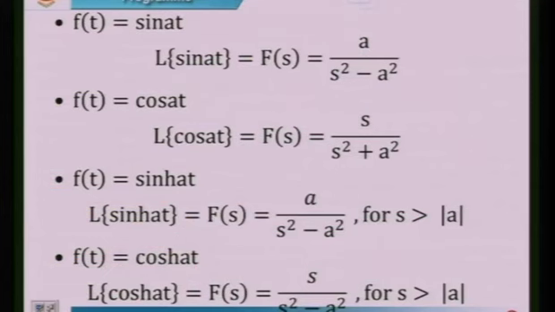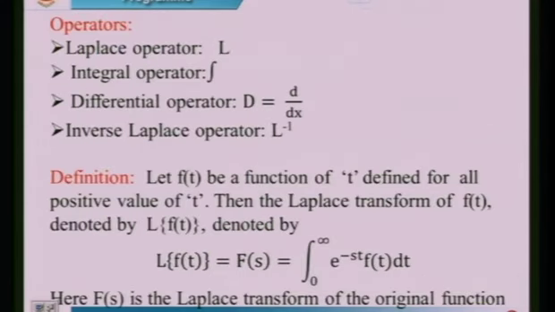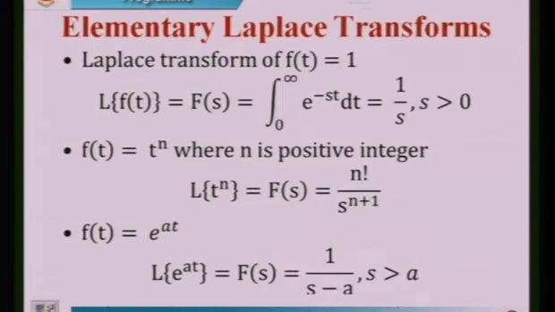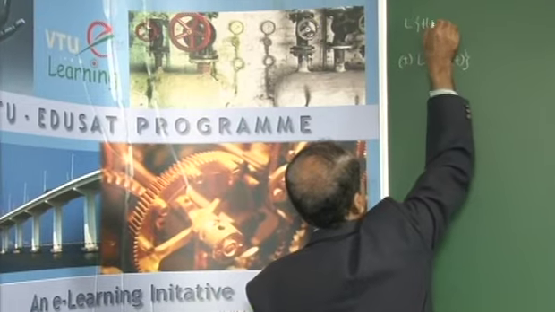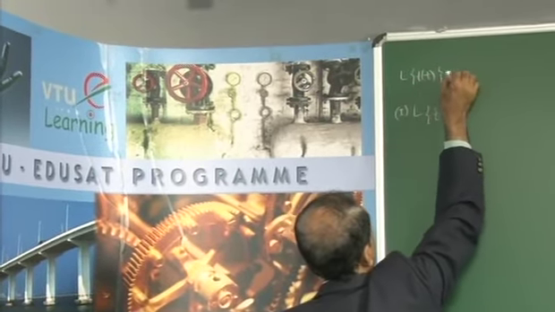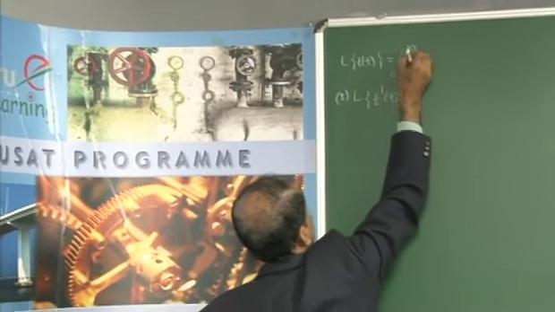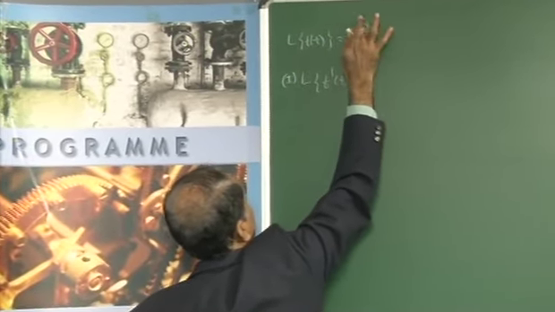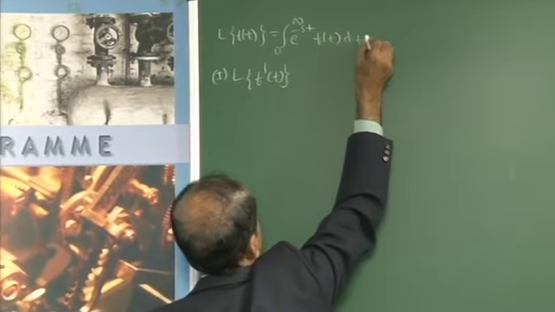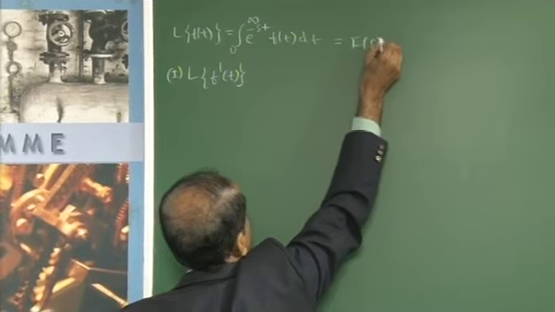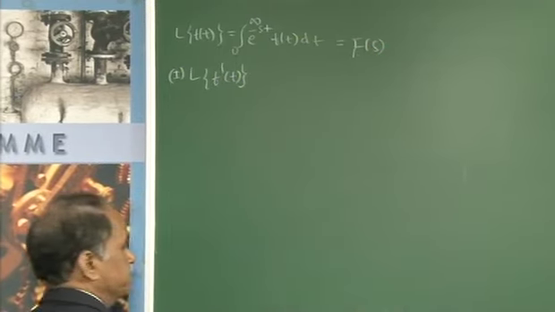By knowing L of f t, what is the definition of that? This is the definition: integral from 0 to infinity of e to the power minus st f of t dt. L of f t is equal to integral from 0 to infinity of e to the power minus st f of t dt, which will be written as f of s.